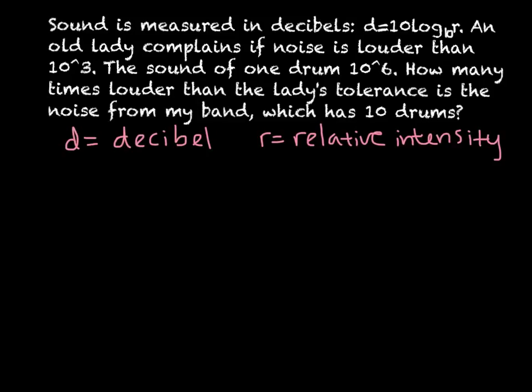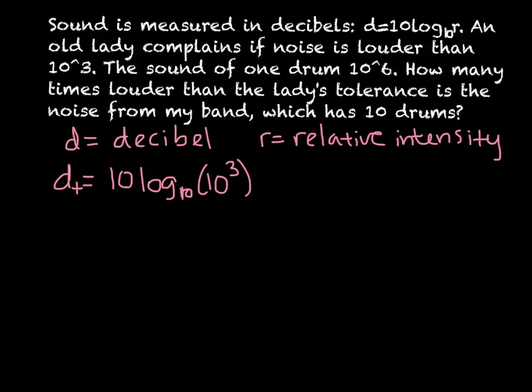So we're going to convert our relative intensities into decibels using our formula. So decibel T, that'll represent the tolerance level of the old lady. That'll be 10 log base 10 of 10 to the third.